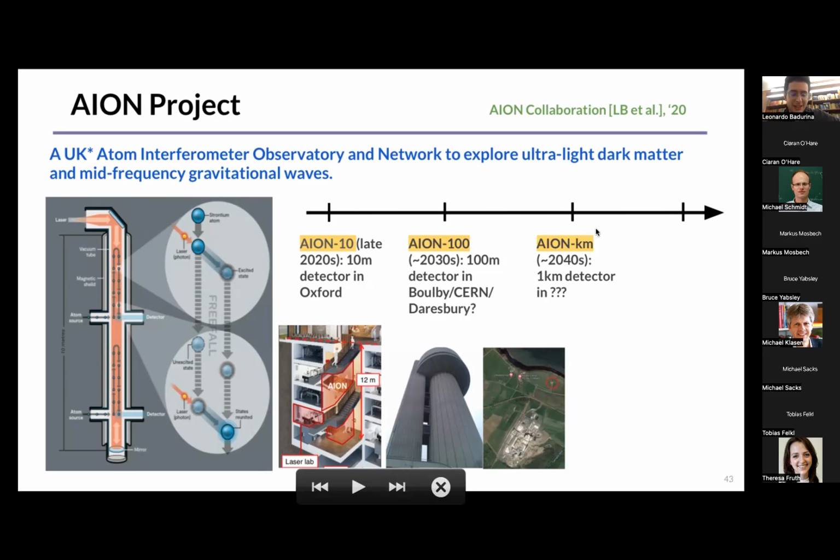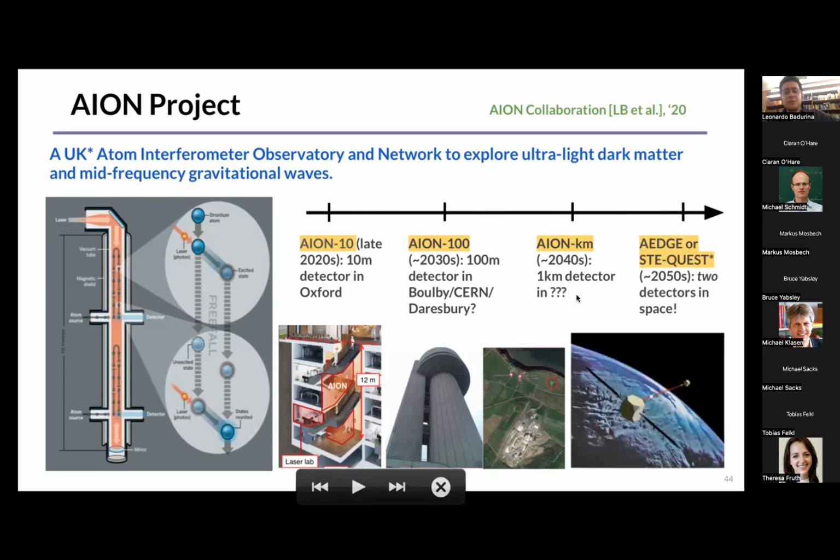This is down the line in the timeline of the AION project, and it is also unclear where it could be built. But AION kilometer would be fundamental for exploring a large part of ultralight dark matter parameter space, and also for performing interesting gravitational wave searches. Finally, the dream would be to put this type of experiment in space. There's a proposal called EDGE, which consists of two satellites, I believe in low Earth orbit, each housing an atom interferometer.